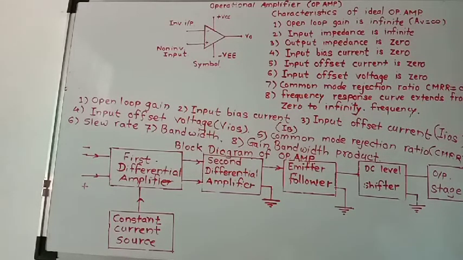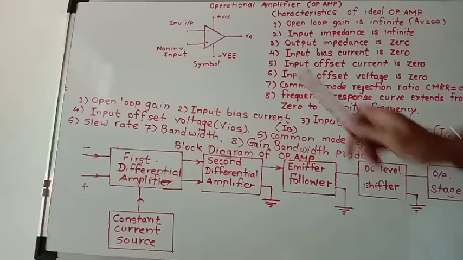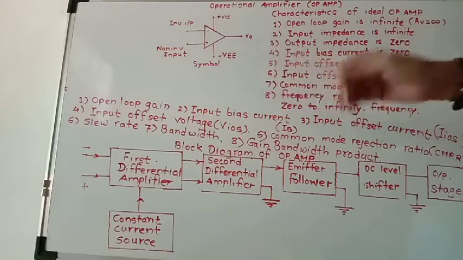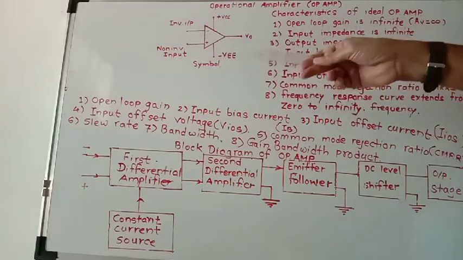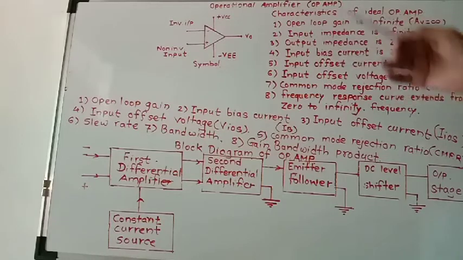Slew rate decides the capability of the op amp to change its output rapidly. Hence, it decides the highest frequency of operation. For a higher frequency input, the output must change very fast.